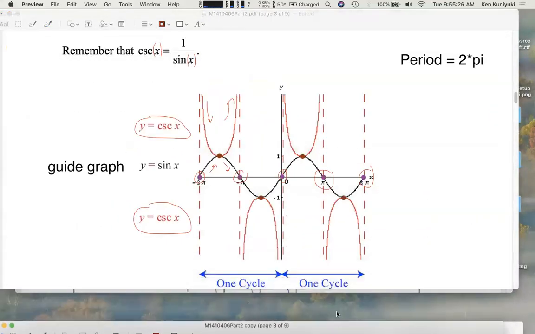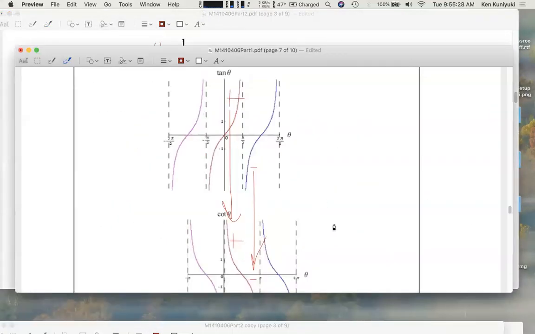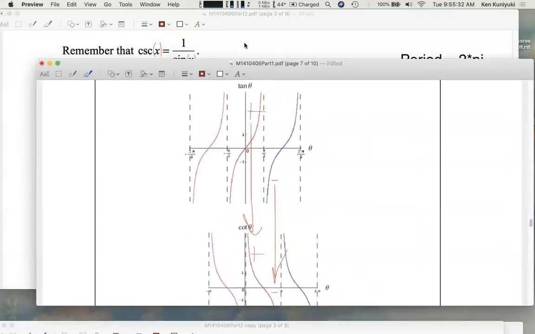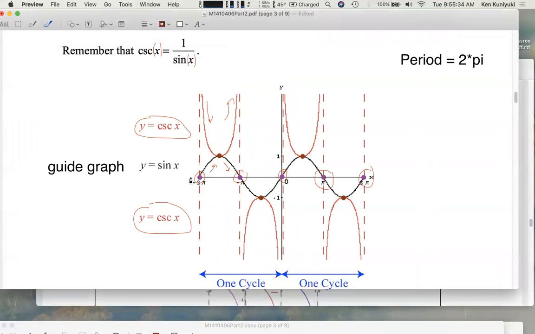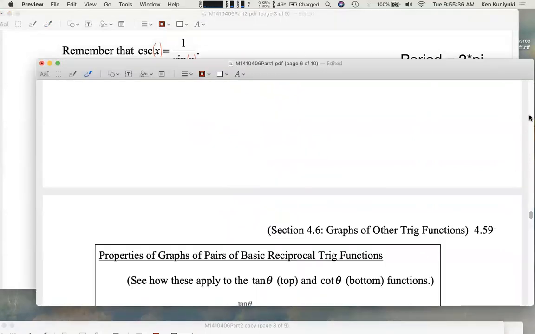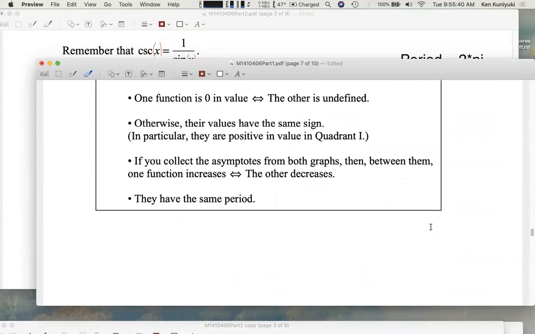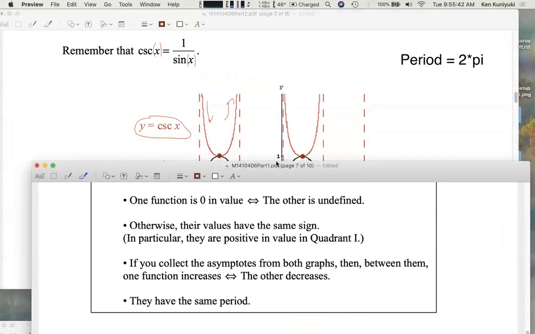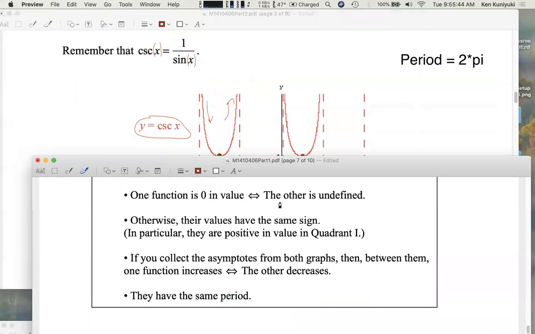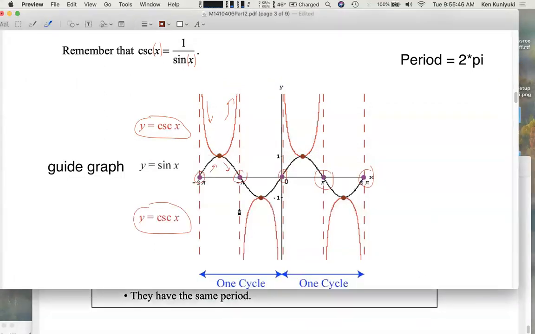So again, the features that we saw, the relationships between tangent and cotangent as reciprocal functions, we're also seeing here. The relationships between sine and cosecant. Again, when one is 0, the other is undefined. When sine is 0, cosecant is undefined.